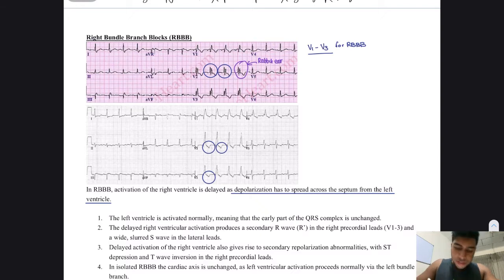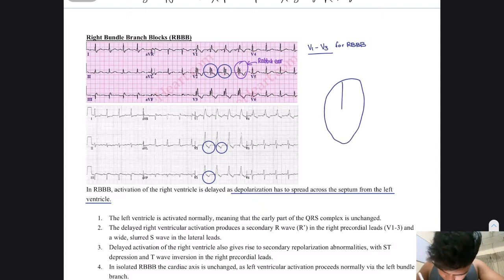First, I want to tell you what happens in a bundle branch block. So we have our heart and we have the septum, then the right wall. I just want to highlight that area, so I'm just going to draw that. This is the right ventricle.